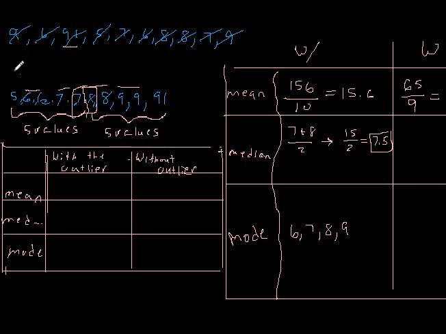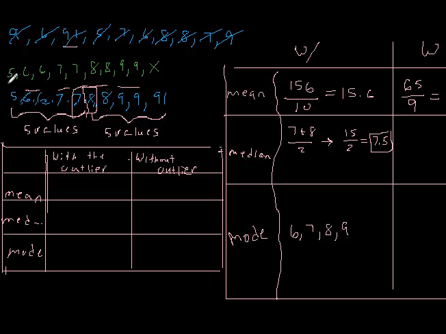One of the first things that should be coming to your mind is, hey, before I had to take the mean of the two middle values because I had an even number of values, well, now I don't have 91. I'm putting an X there because there's no 91, which means there is an odd number of values. If you have an odd number of values, you should find a middle number pretty easily.